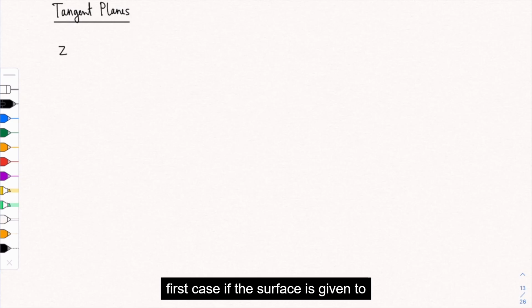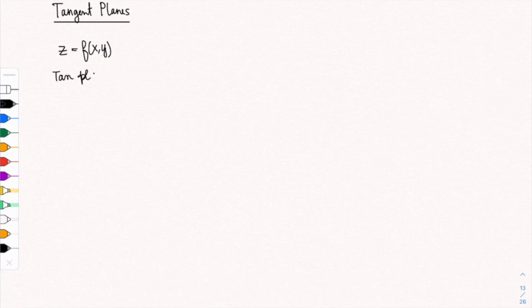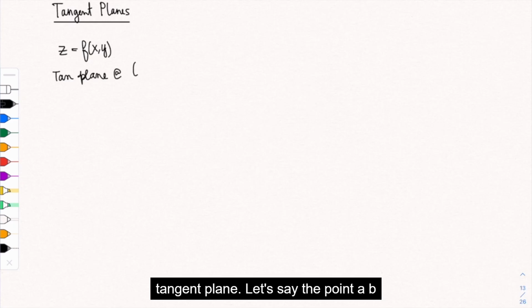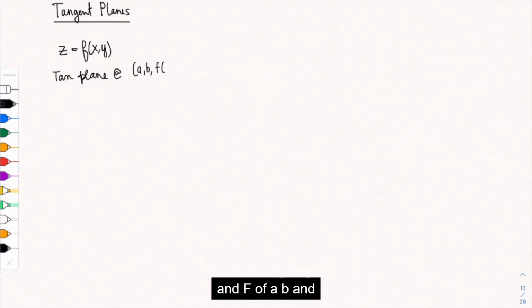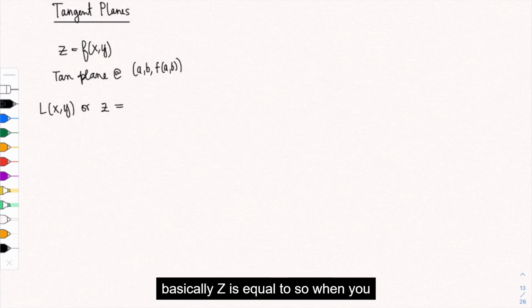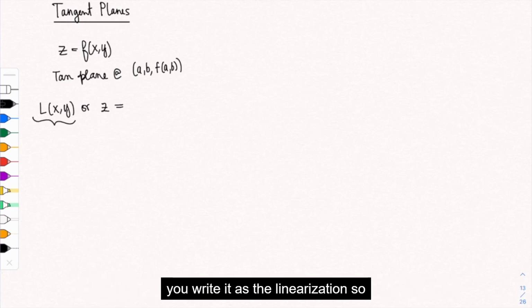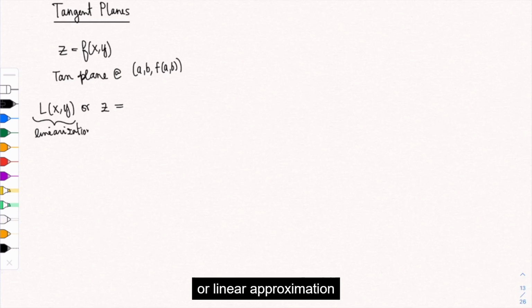The first case, if the surface is given to us by z is equal to f(x,y), and you want to find the equation of the tangent plane at, let's say, the point (a, b, f(a,b)), then we can memorize the formula L(x,y), which is the formula for linearization.